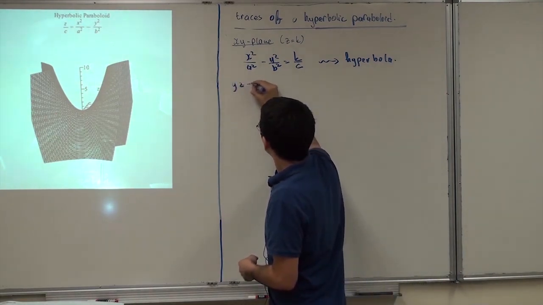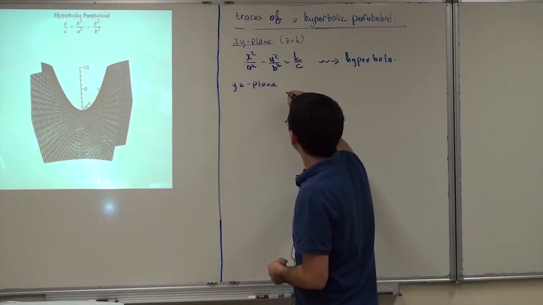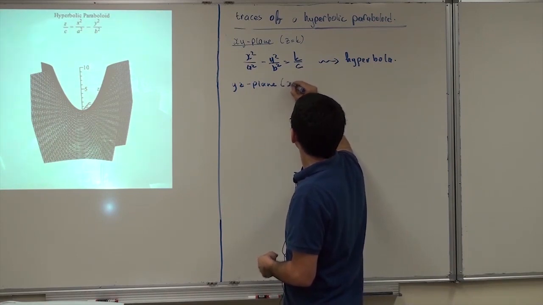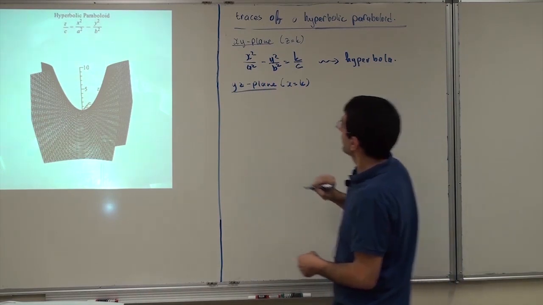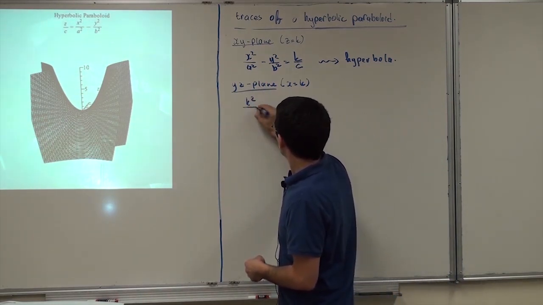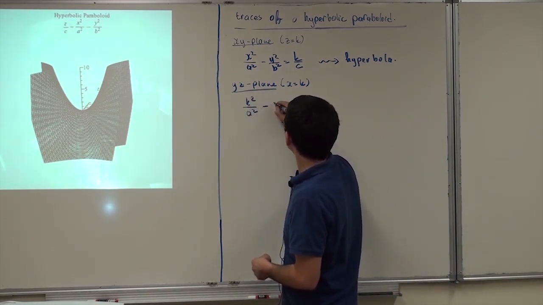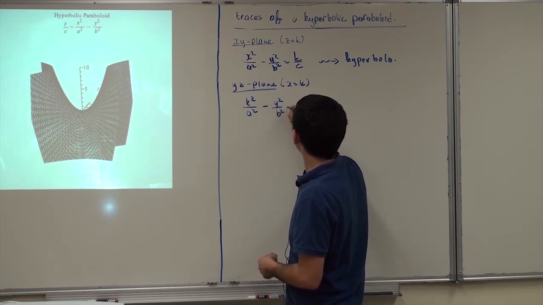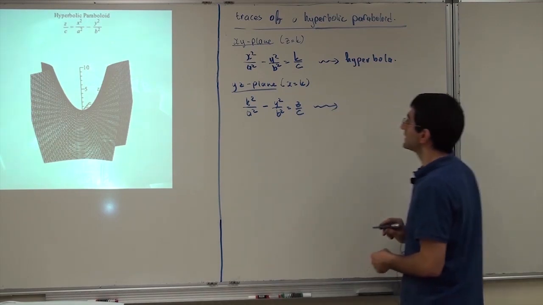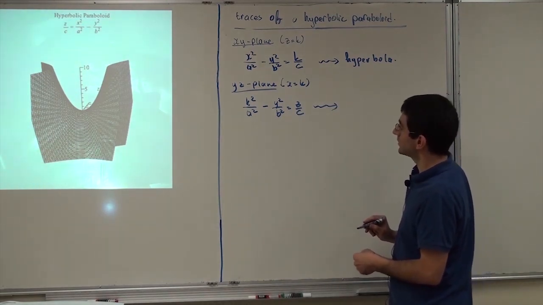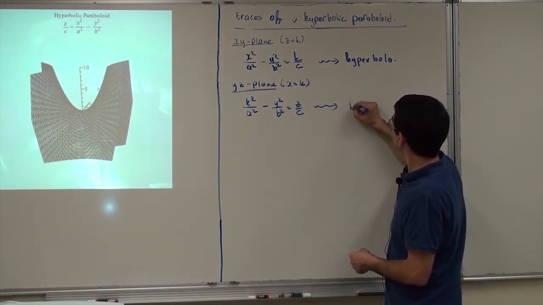Now, traces along the yz planes. So, x equals k. k squared over a squared minus y squared over b squared is equal to z over c. And these equations, for any value of k, are parabolas.